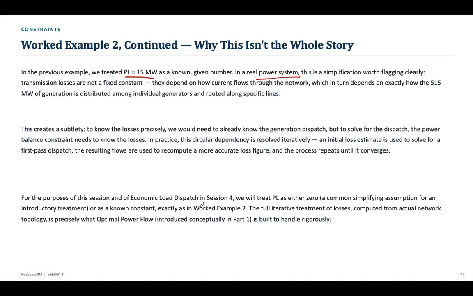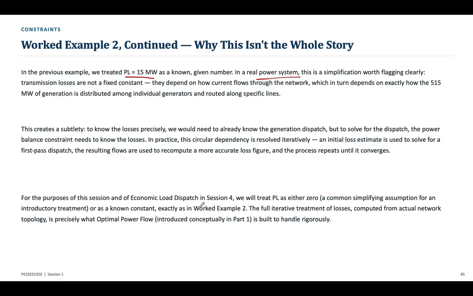If load increases, the current increases and losses will increase. This in turn depends on exactly how the 515 megawatt of generation is distributed among individual generators and routed along specific lines.